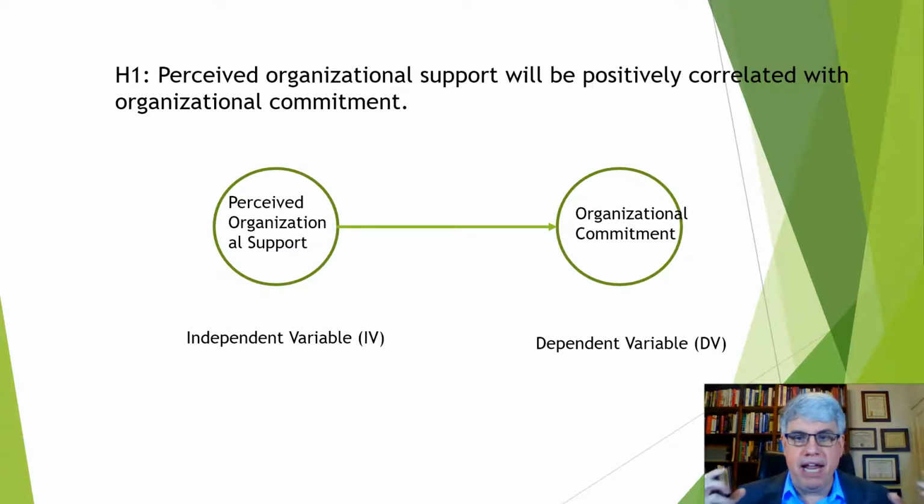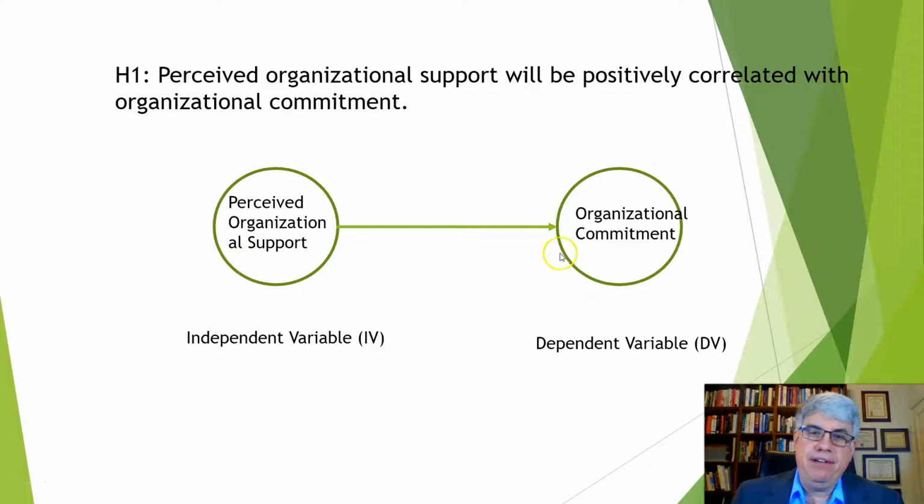We're not describing everything that happens in an organization. We're just looking at two variables, and we're just looking at one direction of causation. In real life, things are super complicated. People that are more committed to the organization might actually receive more organizational support from the people that work for them. Or they might be more willing to perceive the organizational support that exists.